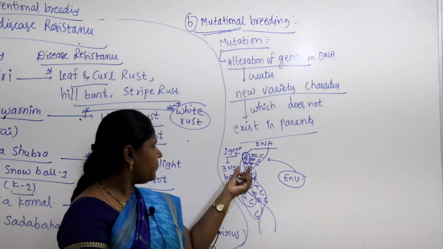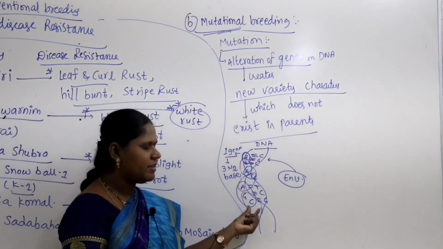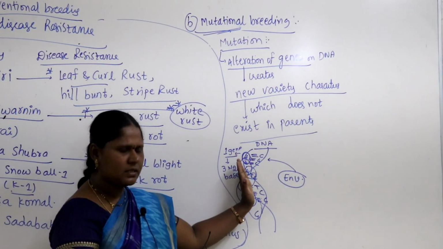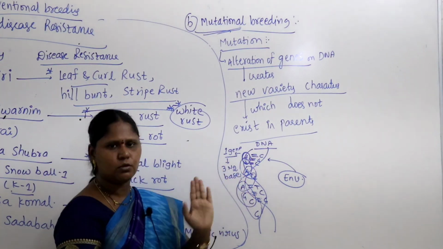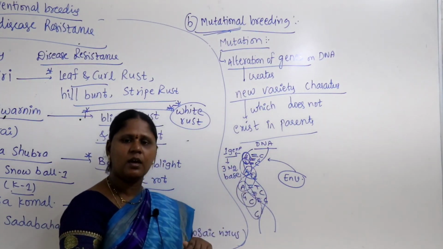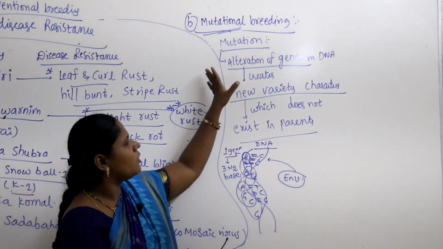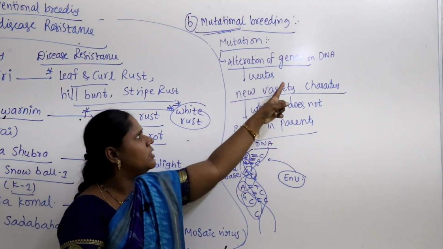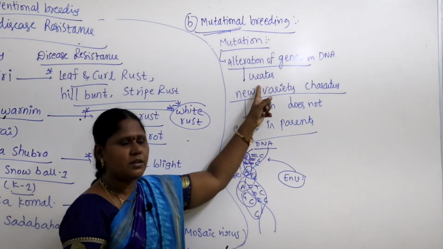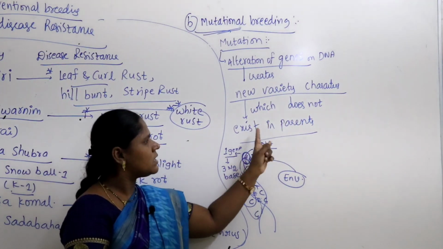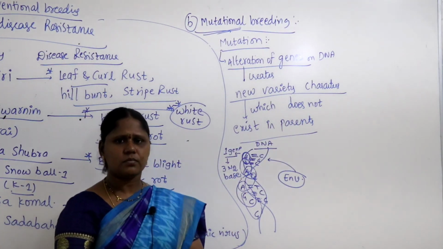So here the genes are altered. This we will study very clearly in molecular biology. Presently if you just understand this, well and good. If you don't understand, also no problem, because this needs a lot of information. So presently, again I repeat, what is mutation breeding? Alteration of genes on DNA that creates a new variety character which does not exist in parents.